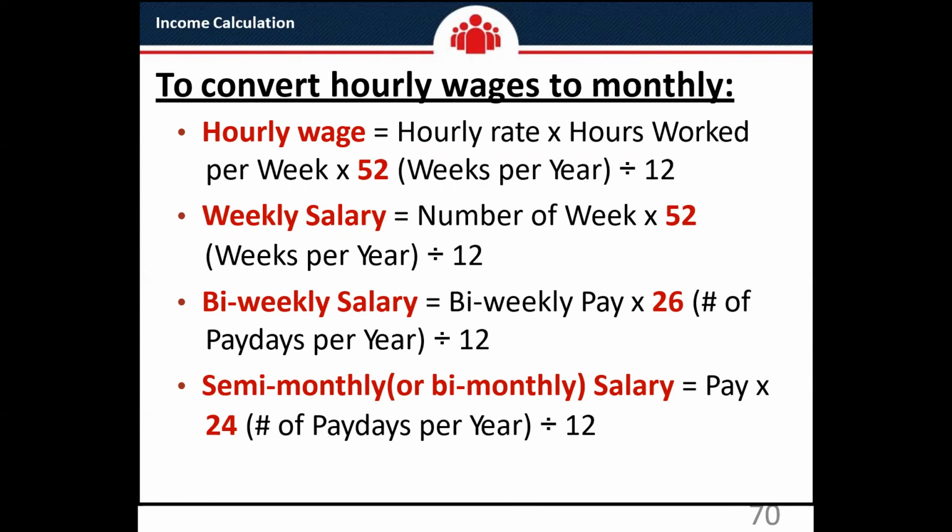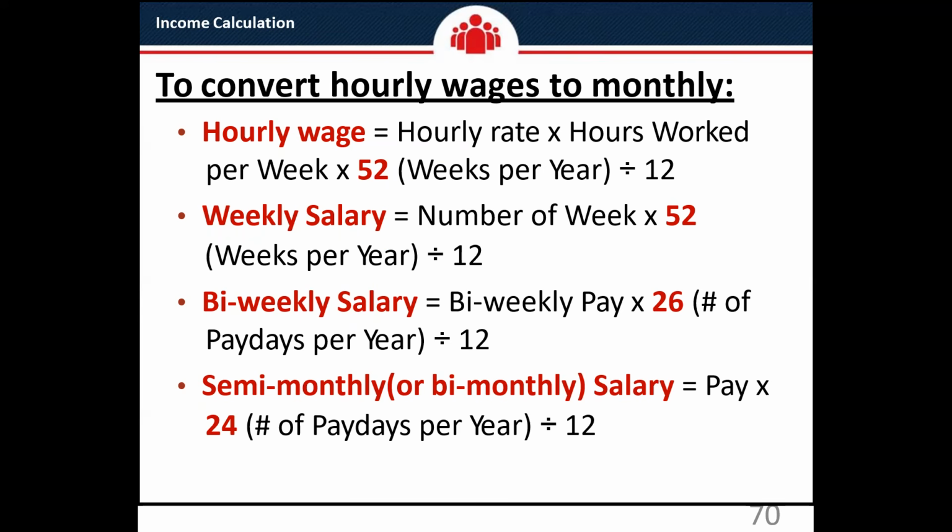To convert the wages to monthly, you take the hourly rate times the hours worked per week. That's times 52 weeks per year, and then divide by 12, not times 4 weeks a month. That does not come out to the right answer. Hourly wage times hours worked, times 52 weeks per year, divided by 12.